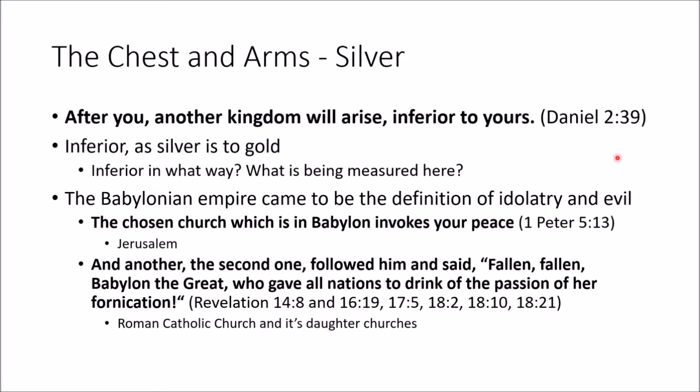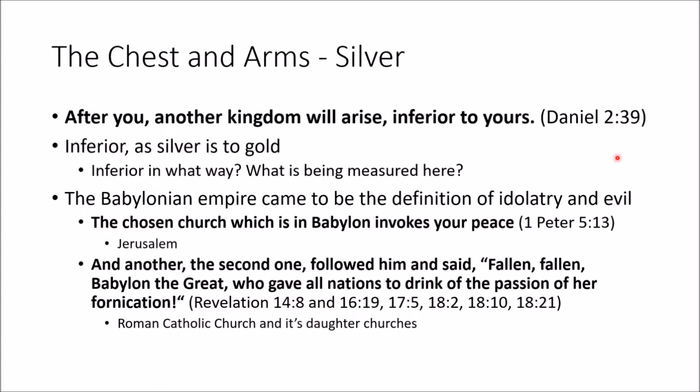So he's using Babylon as a reference for evil, and that's strange to see God in the previous reference to gold talking about Babylon being gold, being the greatest, being the best. And that depends on different things, and one of the things here that God is measuring is what we're going to talk about.